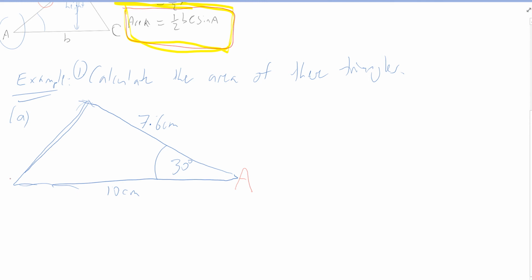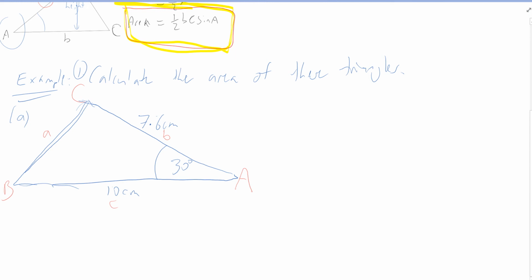So that's A, and then this is B and this is C. We'll go around clockwise. Then we label the sides opposite each angle with the lowercase version of that letter. So where's little a going to go? It's going to go here, and little b is going to go here, and little c is going to go here.